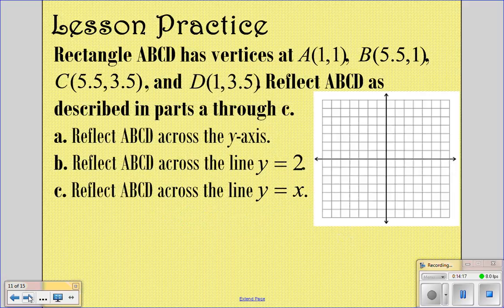So looking at some practice problems, we have a rectangle and we want to reflect it as described in parts A, B, and C. So the first thing you want to do is to draw your rectangle.